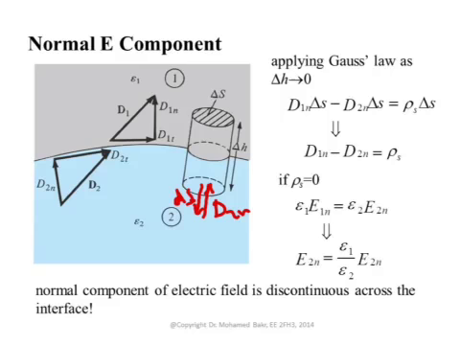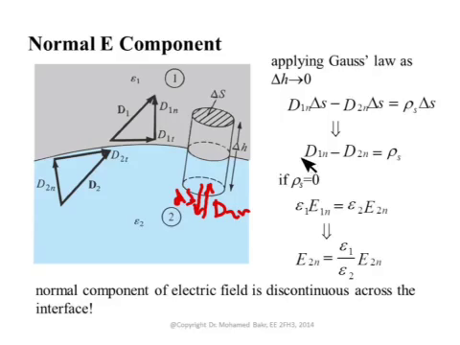So what does this tell us? If you eliminate delta S from both sides, the area of this disk, you get that D1 normal and D2 normal are not equal. Actually, D1 normal is greater than D2 normal by the value of rho s. Remember, when we made this calculation, we assumed that D2 is pointing from medium 2 to medium 1, and the same thing for D1.